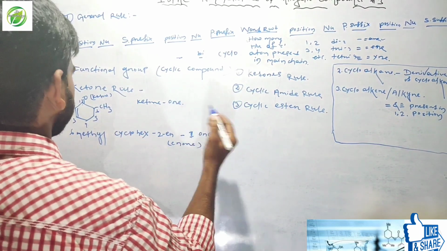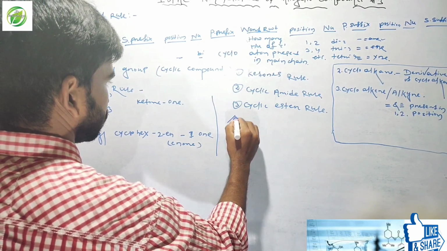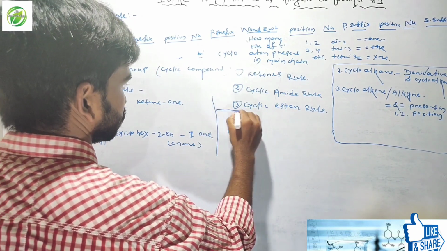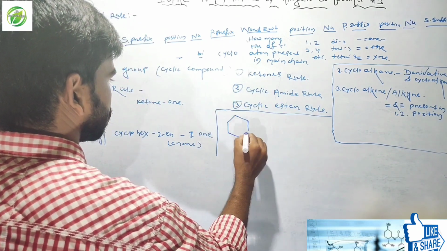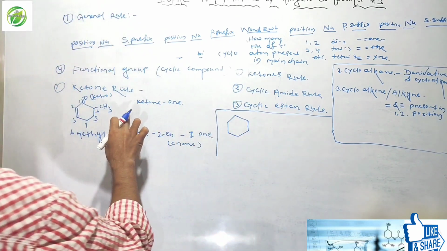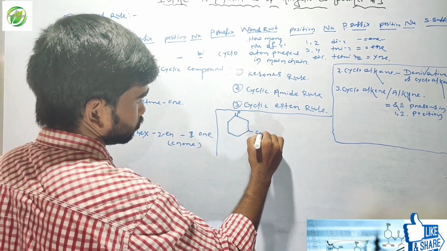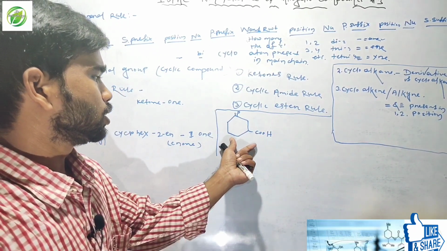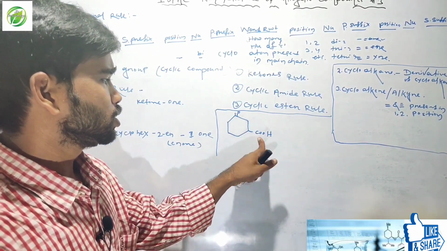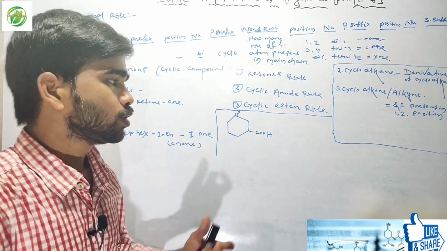Let's take another example. Friends, we already discussed this COOH group has more priority than this ketone group.